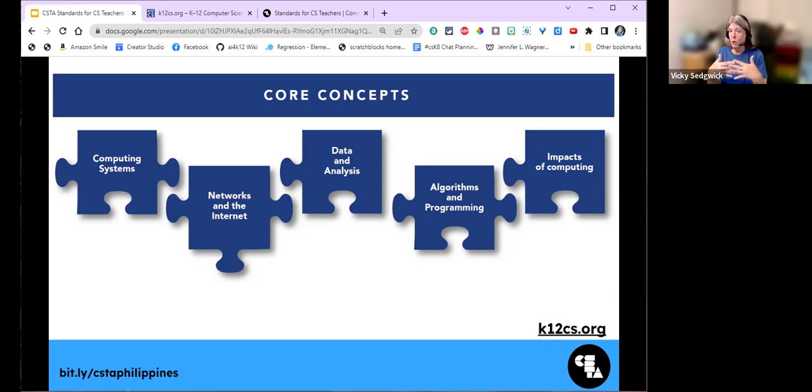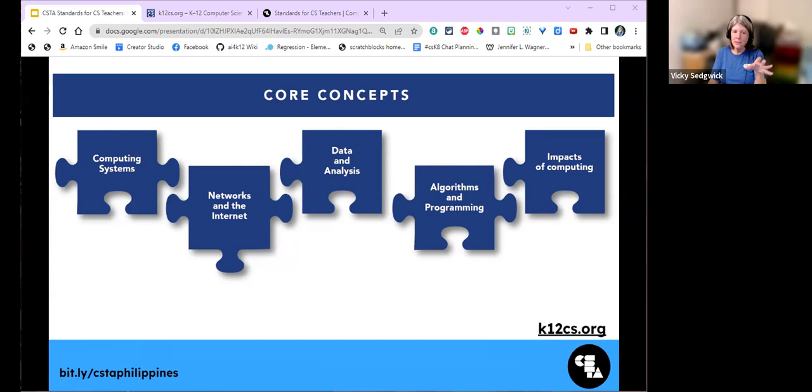They will often cross. As you're teaching data and analysis, you probably are talking impacts, right? Because the collection of data that happens on all of us definitely impacts us. So there are a lot of things that will cross, but the core concepts are the things that kids should know about computer science.